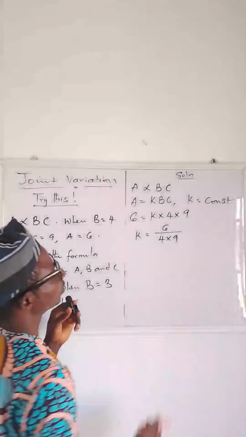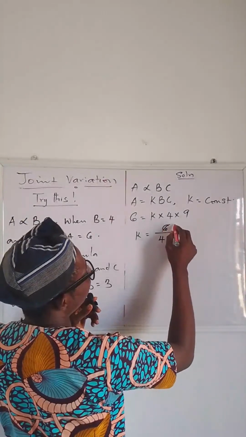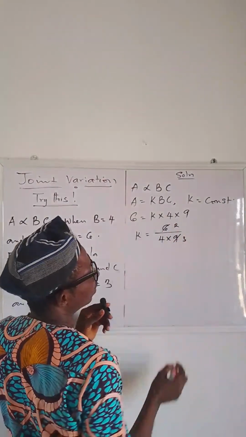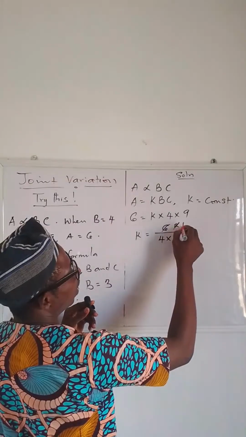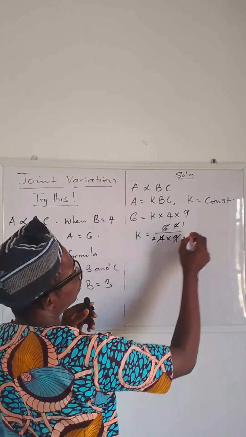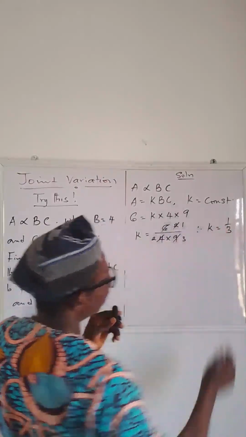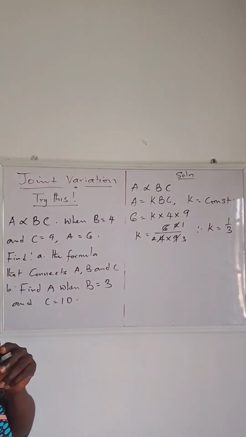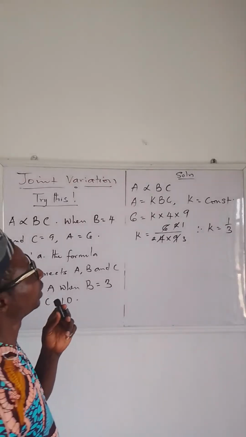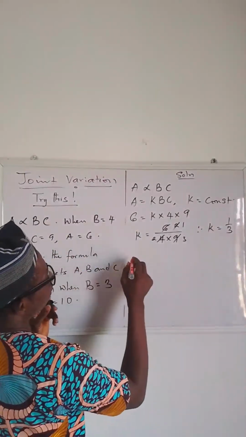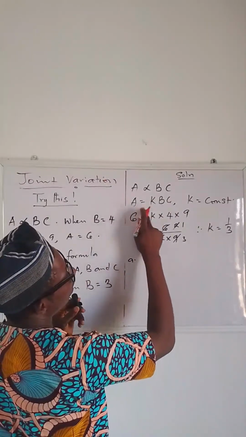So now 3 goes into 6 two times, 3 goes into 9 three times, and 2 goes into 2 once, 2 goes into 4 twice. So therefore, K equals what? 1/3. Okay, so now let's move on. What is the connecting formula? We are writing everything here.